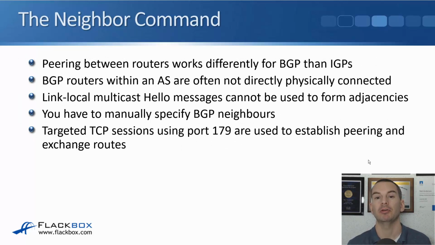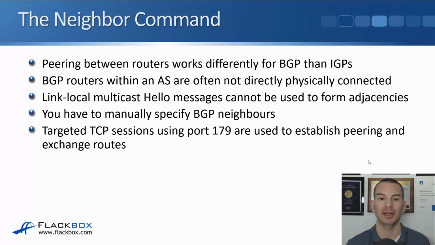Okay, first thing to do is the neighbor command. Peering between routers works differently for BGP than it does for IGPs. BGP routers within an AS are often not directly physically connected. They can be multiple hops away from each other. So link-local multicast hellos cannot be used to form adjacencies. Link-local multicast means it doesn't get passed on out another interface, so the two routers have to be directly connected for link-local multicast hellos to work.